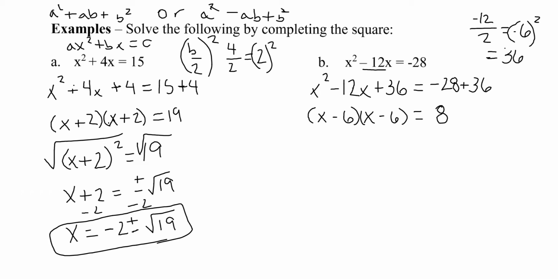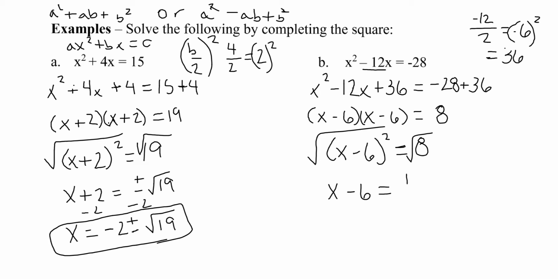X minus 6 times x minus 6 is the same as having x minus 6 squared is equal to 8. And now what I'm going to do is take the square root of both sides. So the square root of x minus 6 squared is x minus 6. And we're going to get the positive and negative square root of 8.